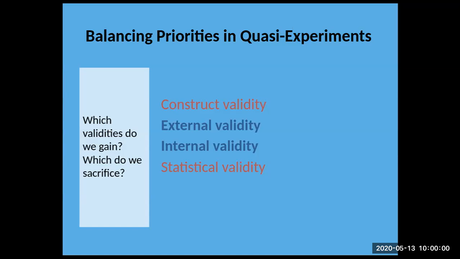In quasi-experiments, what validities do we gain? Again, we still have good construct validity. We should still have really good statistical validity. External validity has always been kind of a question mark in causal claims. It's not the priority. External validity, remember, is a priority in some of the earlier types of studies that we talked about. In this one, it really depends, right?